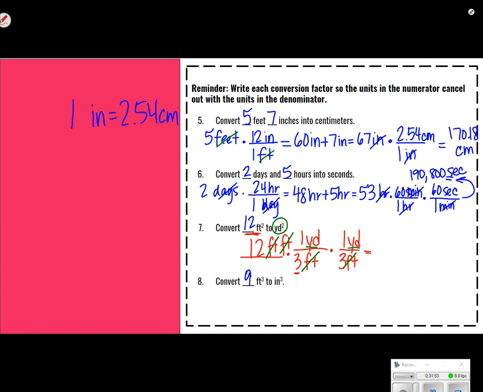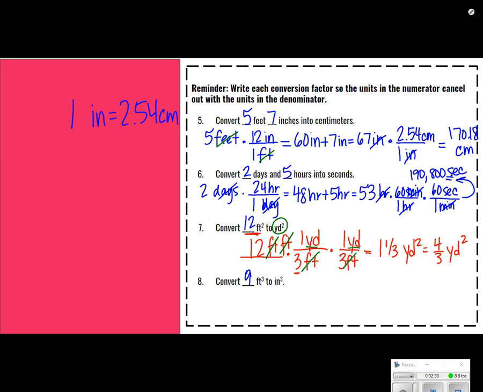It has a length and a width. And so you've only converted one of those dimensions, and you forgot about the other one, and that's why this is a popular question on the ACT, because you think you've done it right by only doing part of it. So I know that 12 divided by 3 is 4. I'm going to divide that by 3 again. We'll get 1.3 repeating, 1 1/3 yards squared, or really 4/3 yards squared.